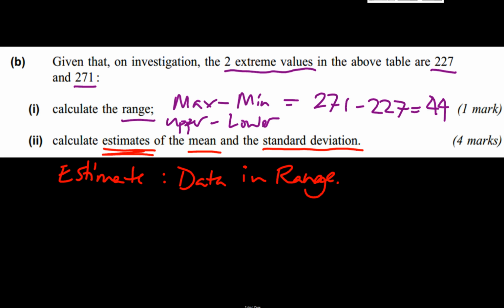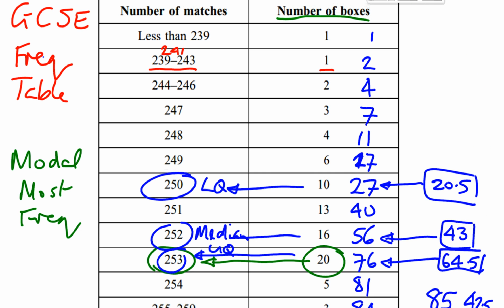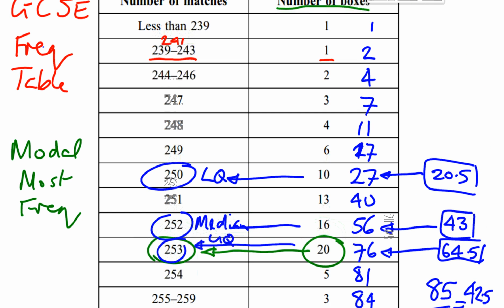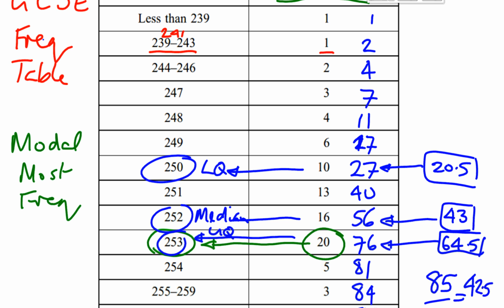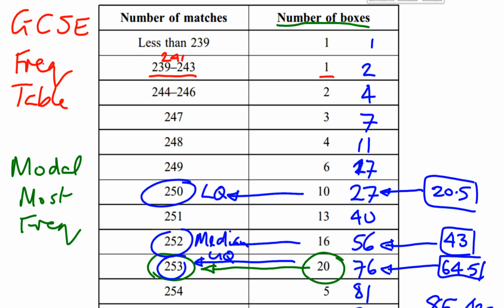Okay, so what do we have to do in order to solve this? Let's go back up to the table. The first thing we need to do is put mid values on each of these ranges, and then we'll work our way down.